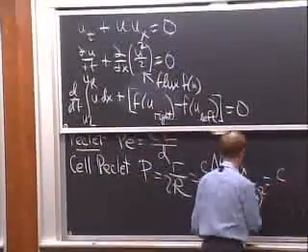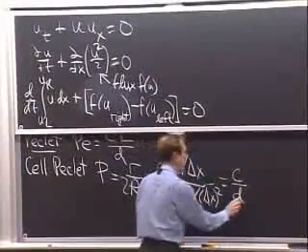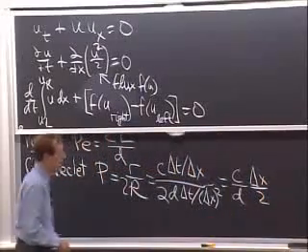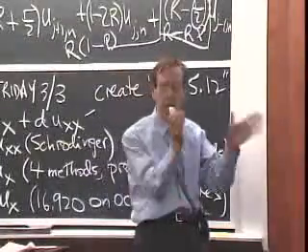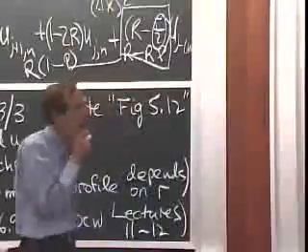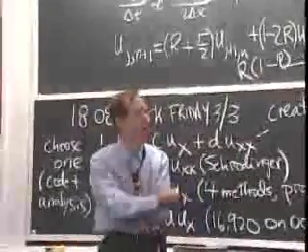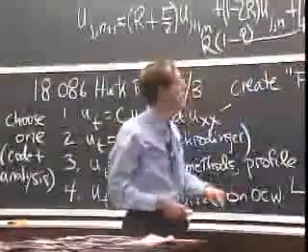So it's C over D, and then we have a delta x and a 2. So that's why it's called the cell Peclet number, because it's the cell size, or in my convention, half the cell size, that gives the length scale and decides what P is.